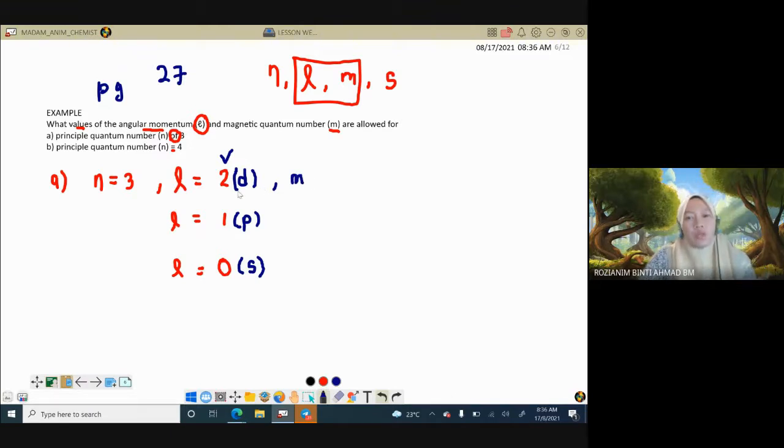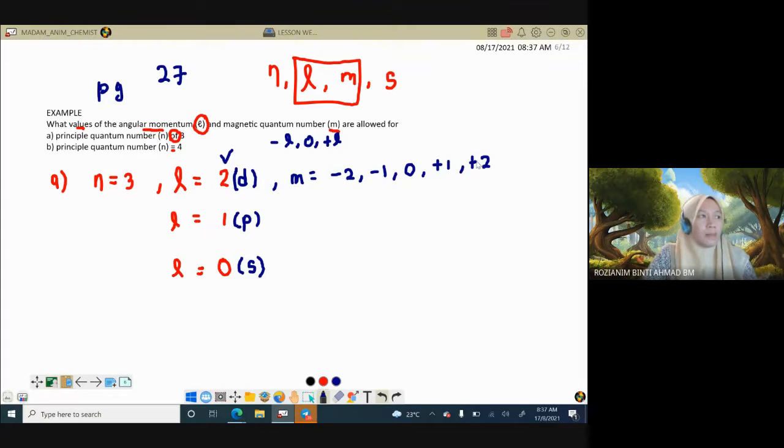Okay, so if L equal to 2, the value of M must be related to the value of L, but the symbol is negative L, 0, positive L. So means if L equal to 2, the value of M is negative 2, negative 1, 0, positive 1 and positive 2.